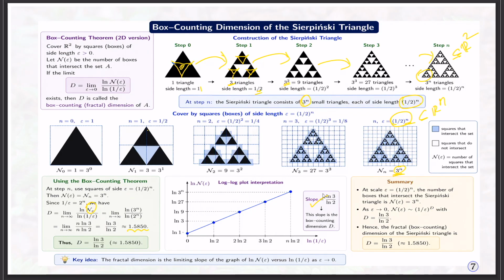Now you can observe that the Sierpinski triangle is embedded in R power 2, and the box counting dimension of R power 2, as we discussed, is 2. Whereas the box counting dimension of the Sierpinski triangle is approximately 1.5850, the approximation of ln 3 by ln 2.